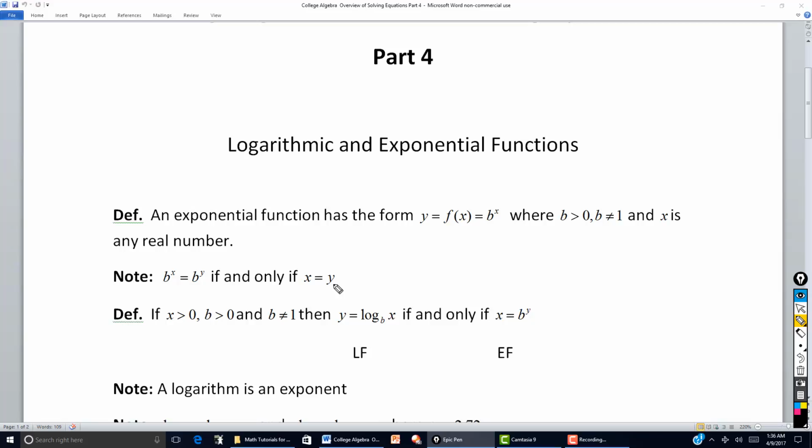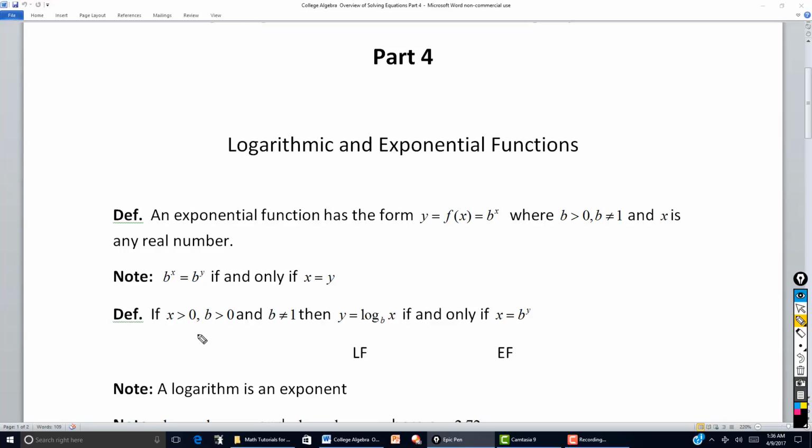Again, it's not going to work if it's a 1, because you can say 1 to the 20th power is the same thing as 1 to the 30th power, but 20 does not equal 30. Okay. So that's why we impose the condition that b cannot be 1.